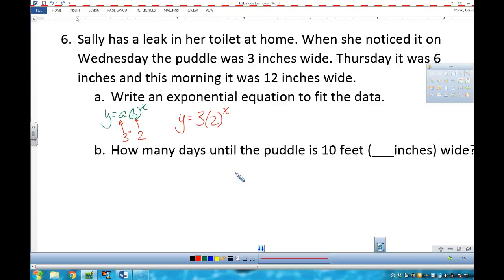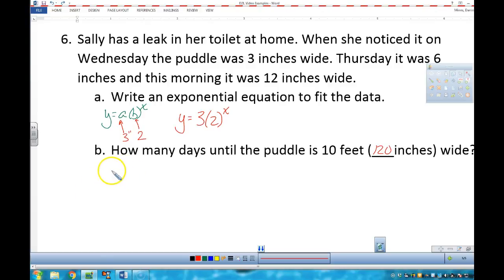All right, now we're going to use that. It says how many days until the puddle is 10 feet wide. Well, first of all, how many inches is 10 feet? You need this in terms of inches because the original problem was in inches. Well, 12 inches to every foot, so 10 feet would be 120 inches. So now we have to plug in x values until we find a value that is over 120.